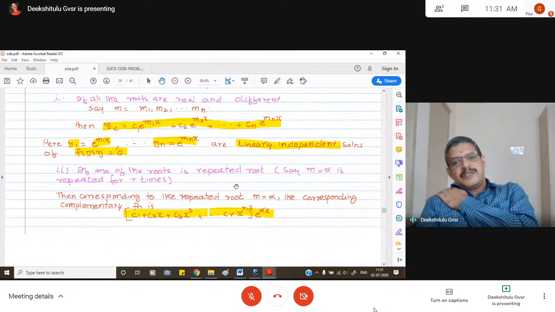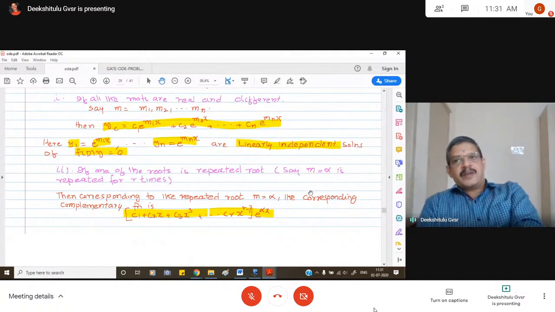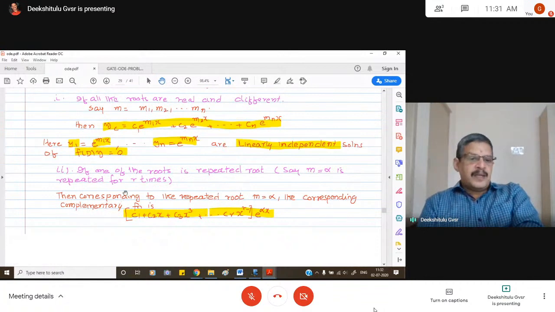If one of the roots is a repeated root, let us say m equal to alpha comes r number of times, then what happens to the complementary function? Corresponding to this root m equal to alpha, which comes r times, the complementary function is given by c1 plus c2 x plus c3 x squared plus so on up to cr x to the r minus 1, times e to the alpha x. If r is equal to 1, meaning it comes only once, then only c1 e to the alpha x.